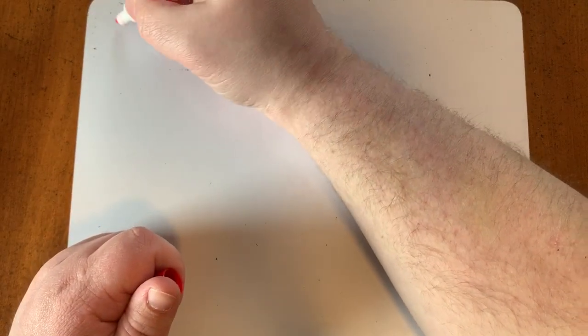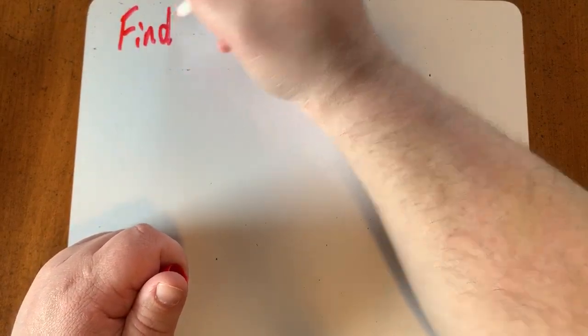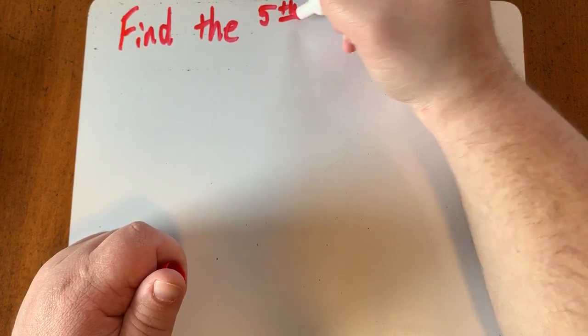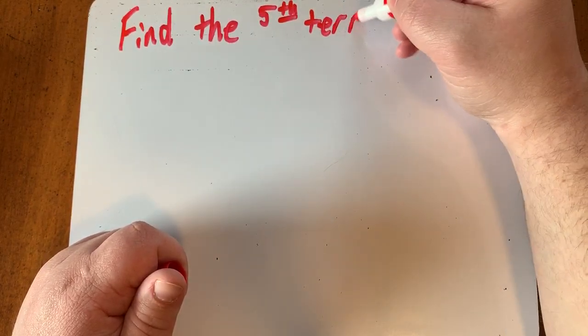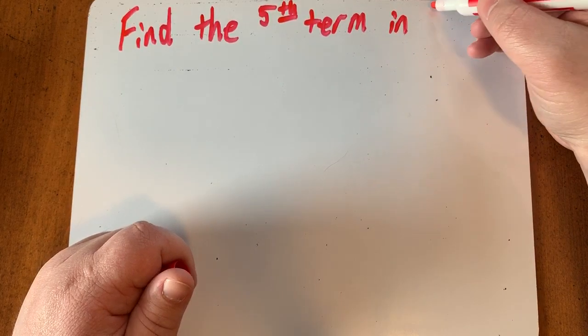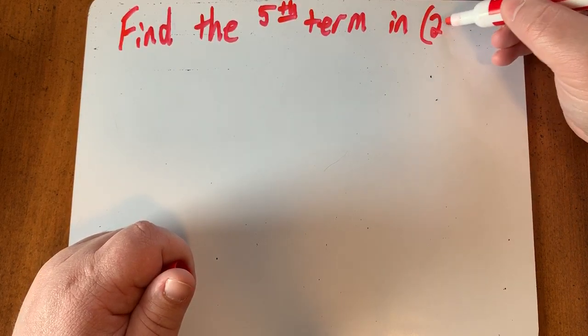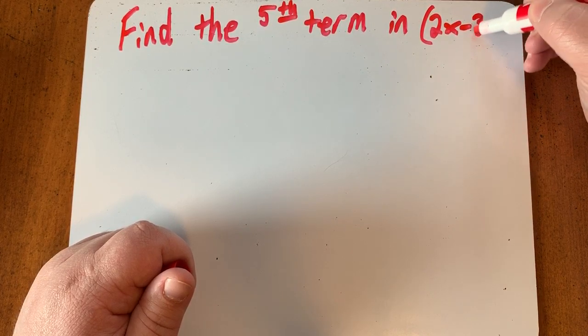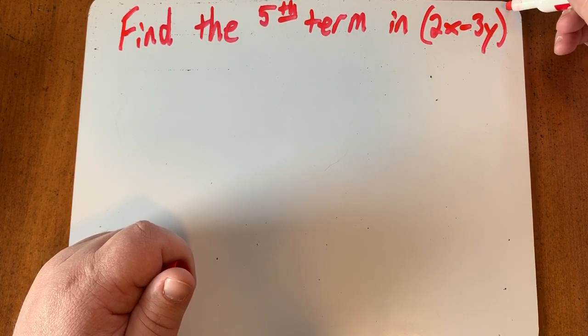Let's say we wanted to find the 5th term in 2x minus 3y to the 8th.